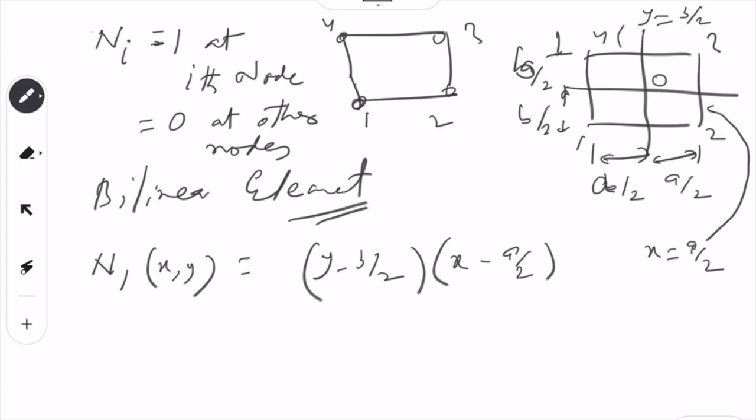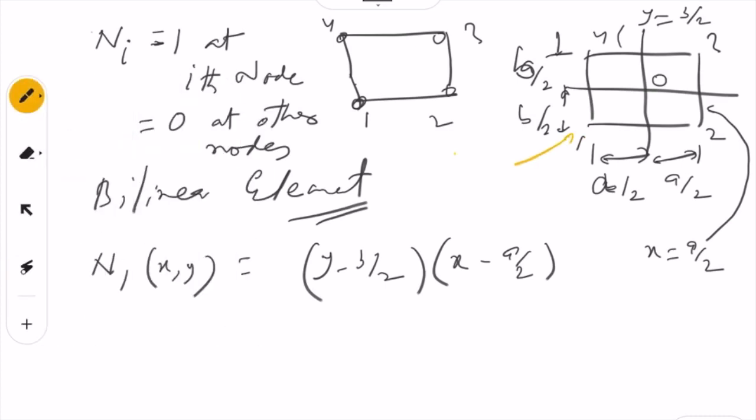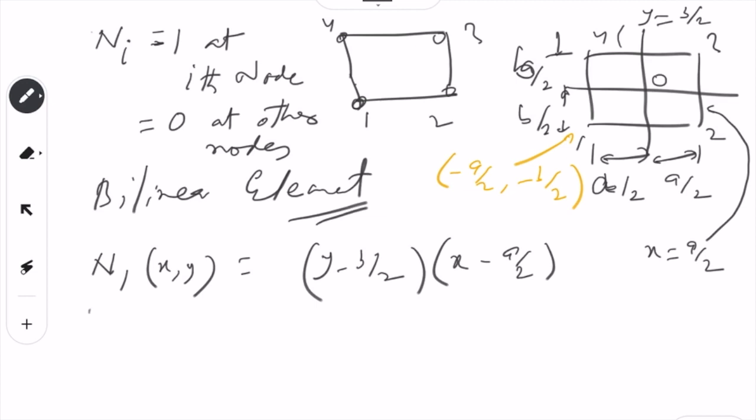And the value of n1 has to be 1 at this point, and the coordinate here is nothing but minus a over 2, minus b over 2. So put that value. So n1 there will be some value alpha.